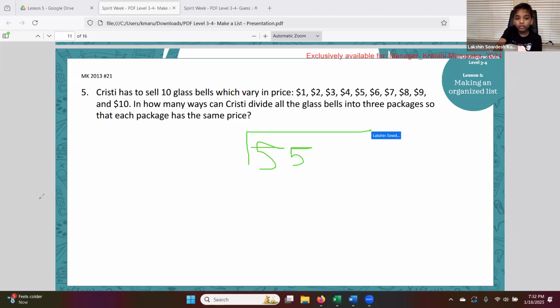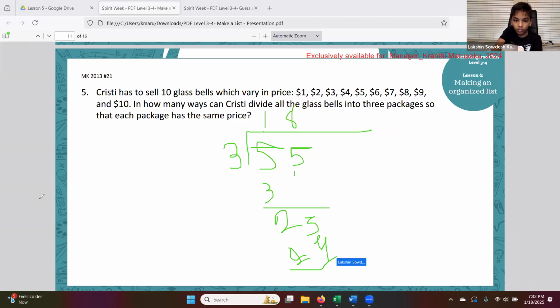It'll be like this. So there has to be 2 packages that have three glasses in them, and then 1 package that has 4 glasses in it.